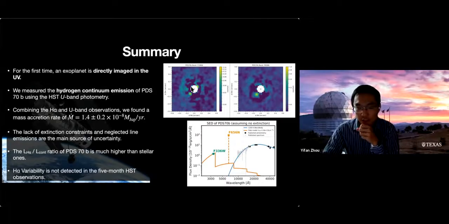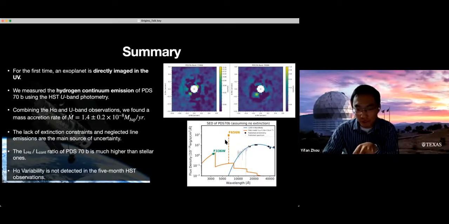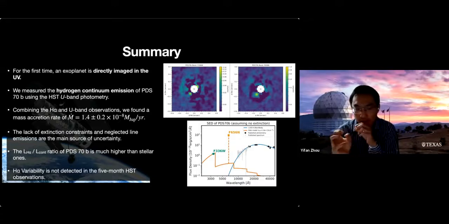The shock onto the planet would give us a higher Balmer jump. So if we could have a quantitative prediction of the Balmer jump from these two shocks, I think we can use this U-band detection to help us rule out whether we observe any flux from the shock onto the circumplanetary disk.